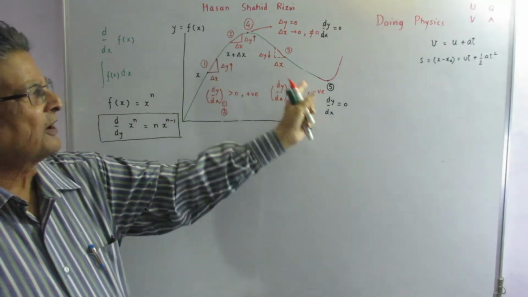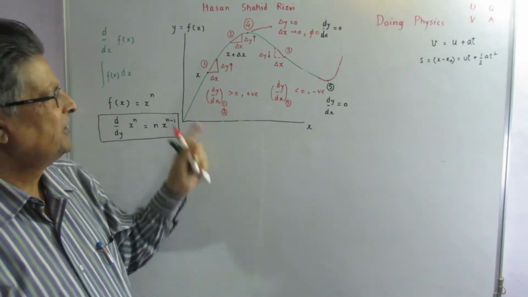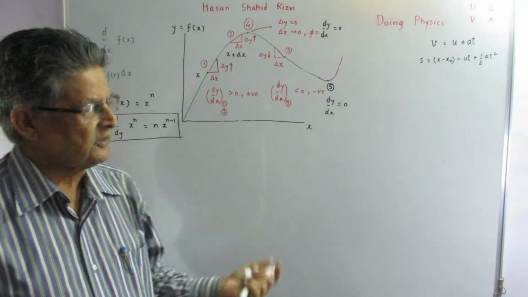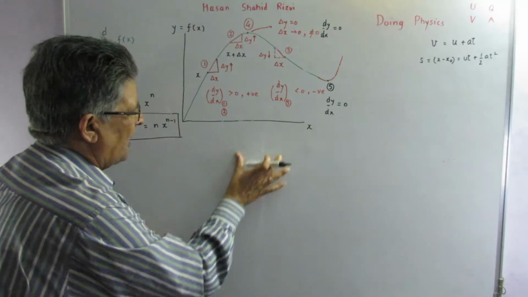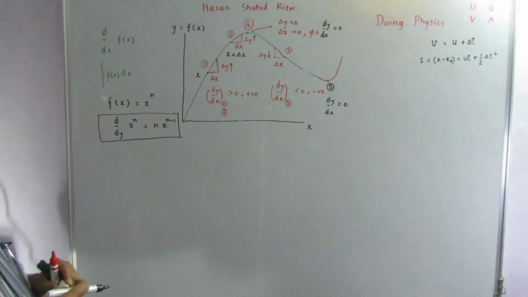Then we have to go for another differentiation, that is d/dx of dy dx, and find out if the value is positive or negative, and then say this is maximum or this is minimum. This is how the mathematics is introduced.